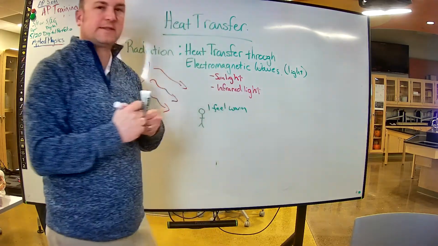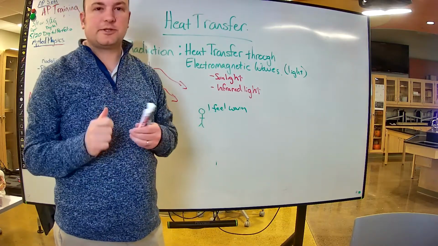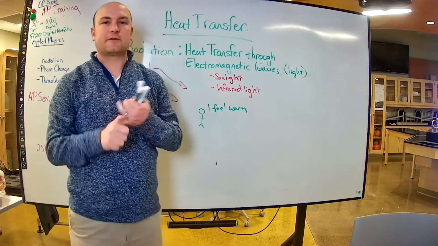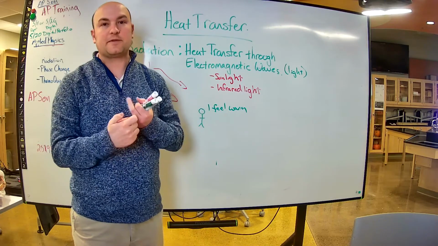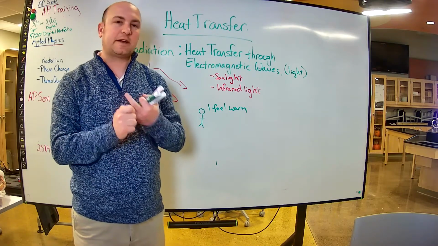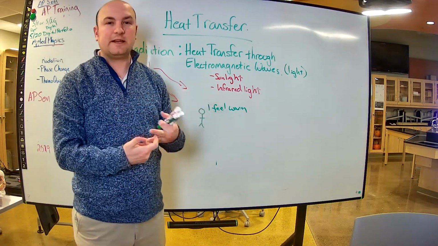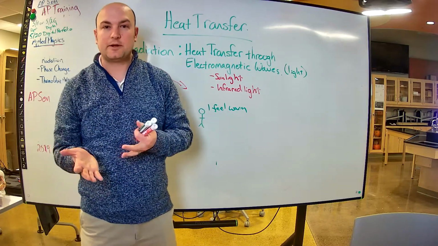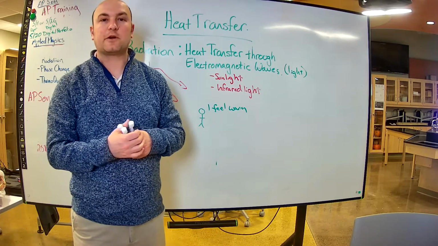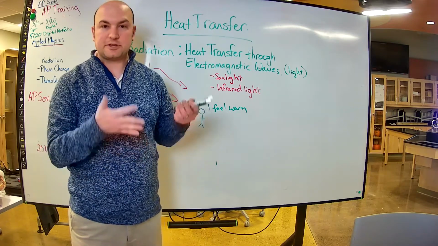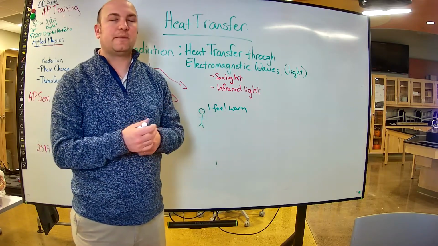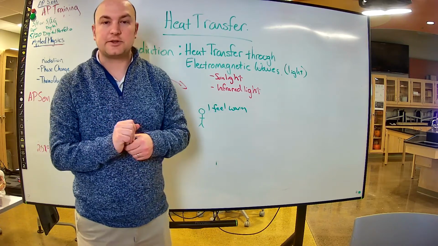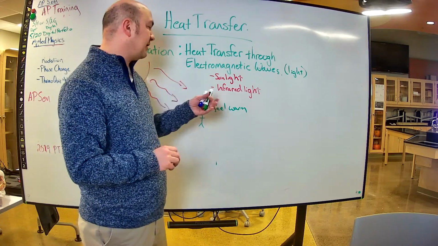That's potentially a nice one if you're using an infrared cooker or a heat lamp. If you have a pet lizard or a snake and you've got a heat lamp, that's radiant heat. If you're standing to the side of a fire, radiation from the fire will warm you, even though you're not in direct contact with the fire. There are a lot of things going on there too, but sunlight, infrared light.